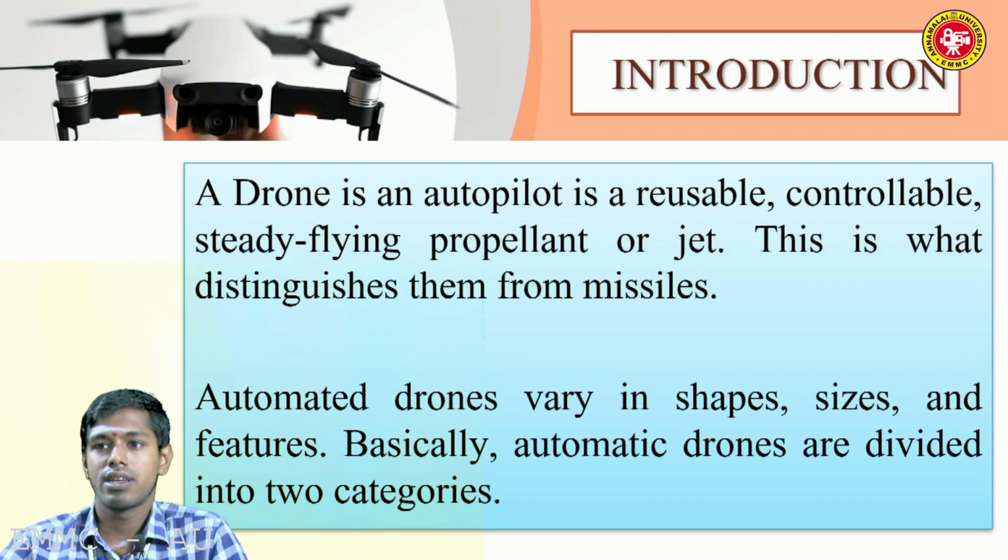As I said before, a drone is an autopilot, reusable, controllable, steady flying propellant or jet. This is mainly used in defenses, and this is what distinguishes them from missiles. The automated drones vary in shapes, sizes and features. In agriculture, this helps in spraying of pesticides and in land surveying technologies.